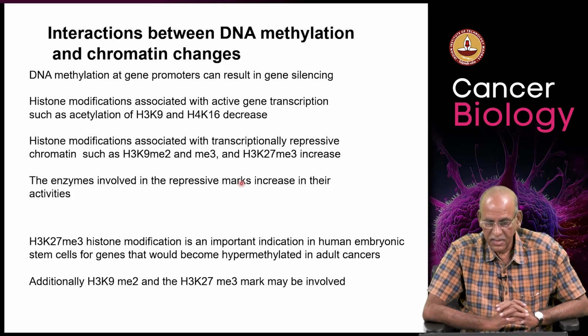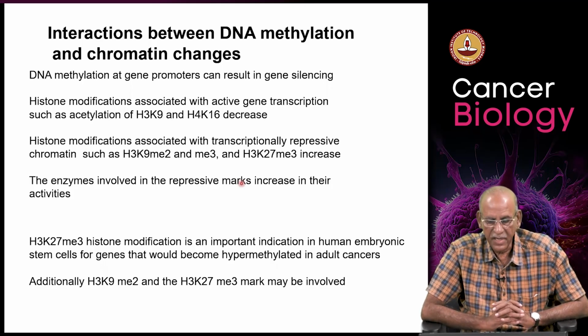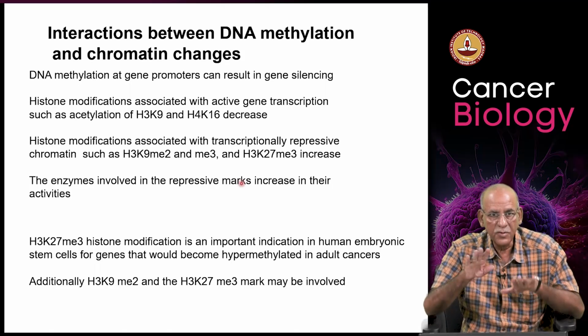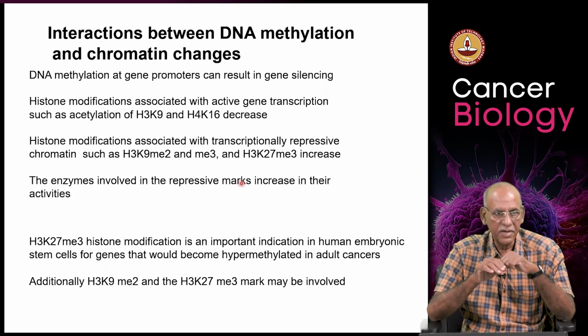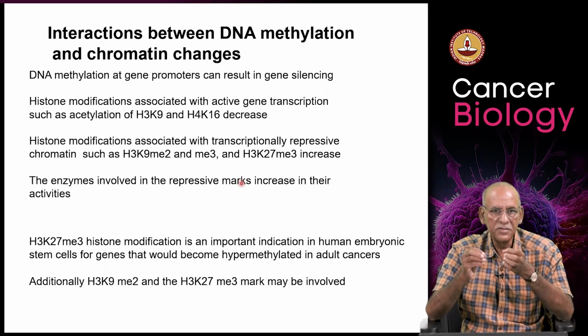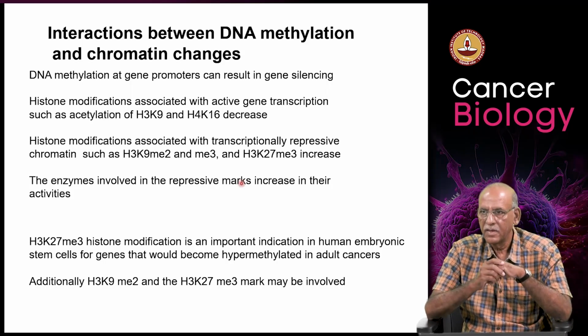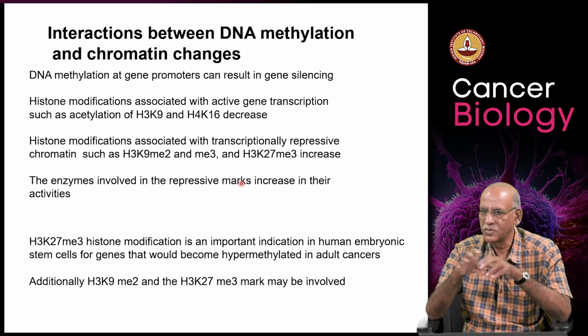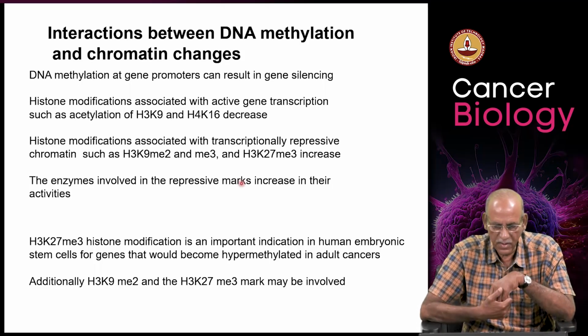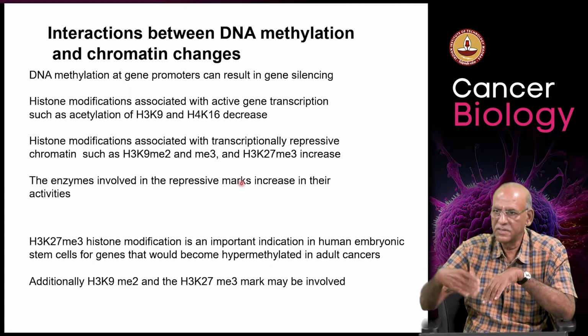The other one is the repressive markers may increase. So it is a dual action. Repressive markers increase, the active markers decrease. Changes which result in increased transcription decrease, and those which repress transcription increase. So that is how this histone code works. This way you can ultimately suppress a gene.